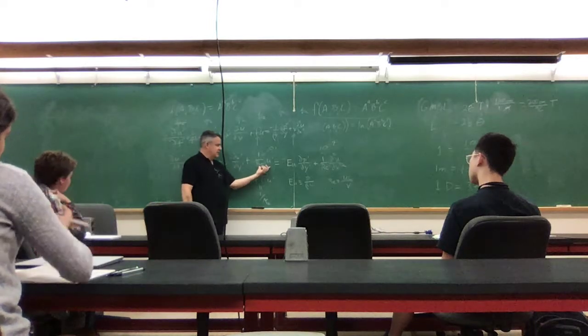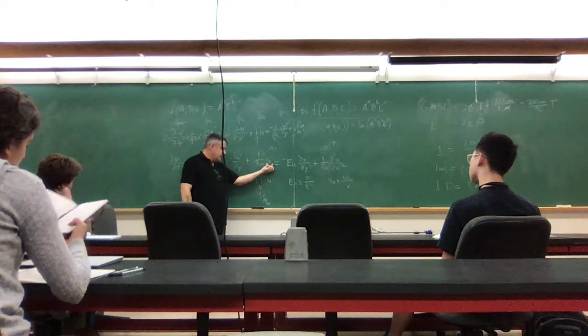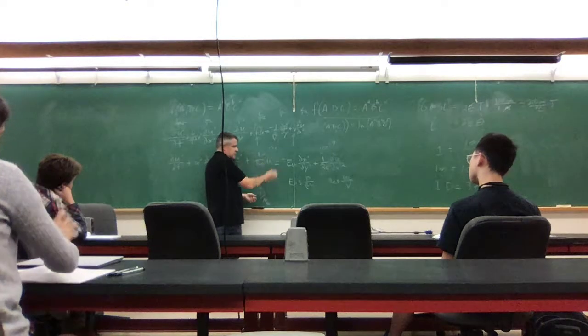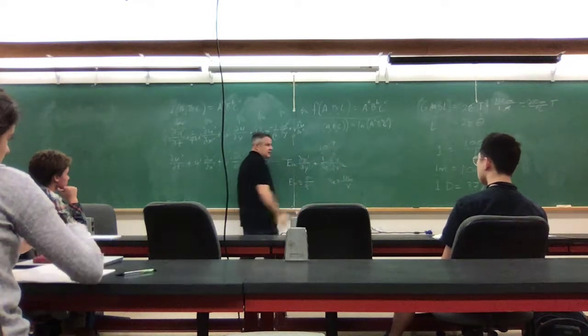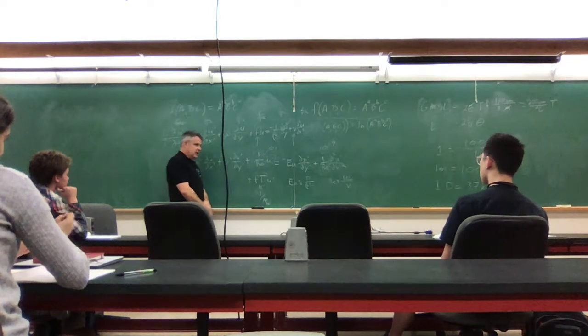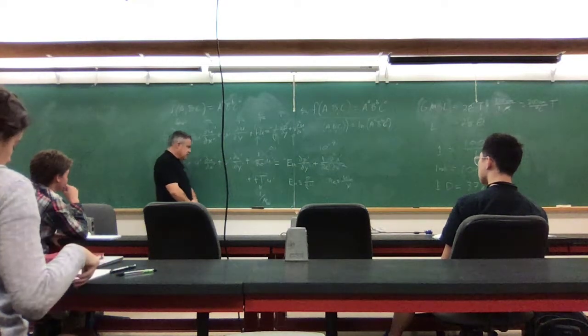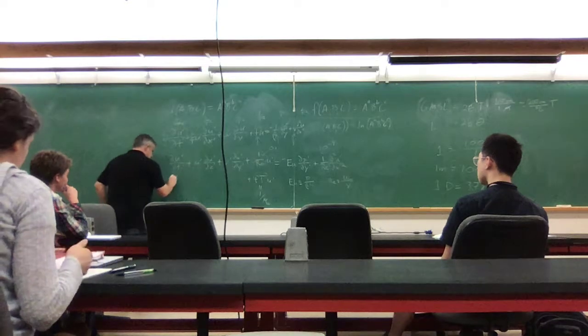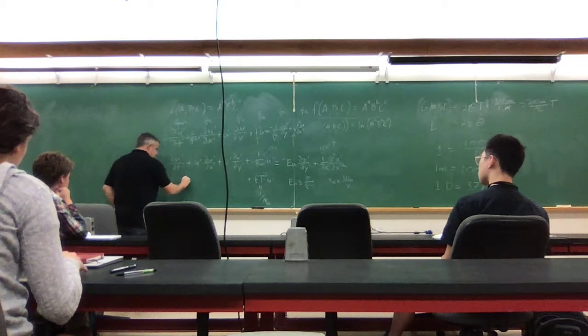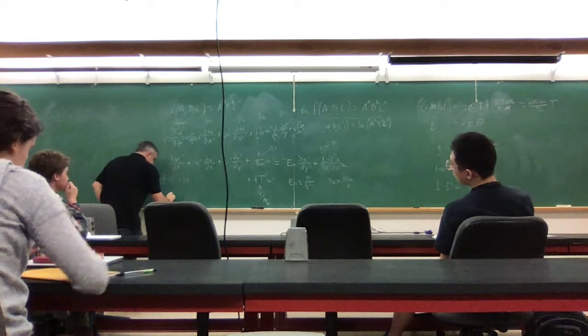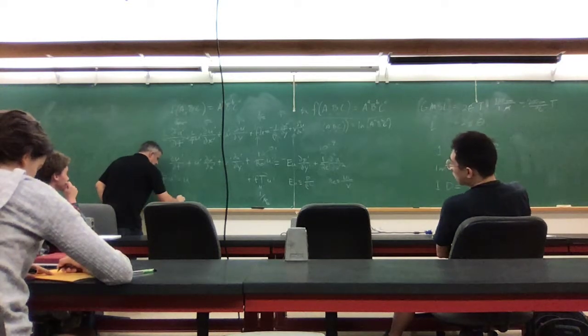This term's got to be more important if this thing is about the same size as this thing. Okay? So remember, how did we get those other things? We said u prime was equal to L over T times u, and x prime equals x.